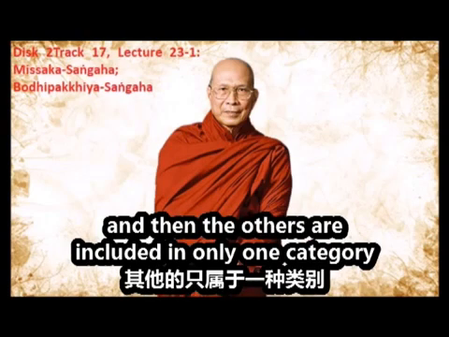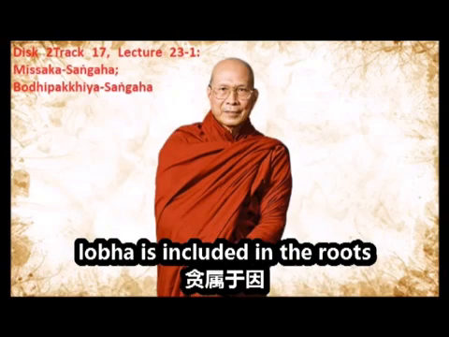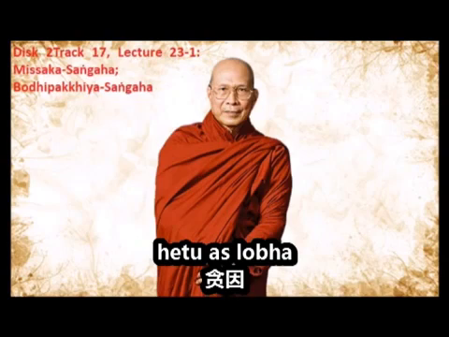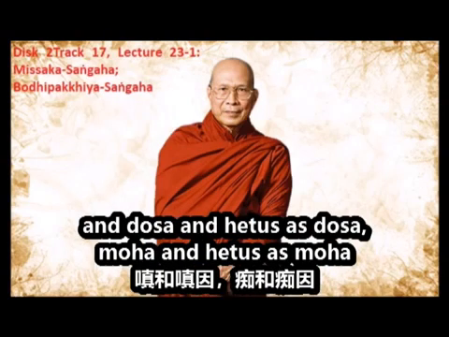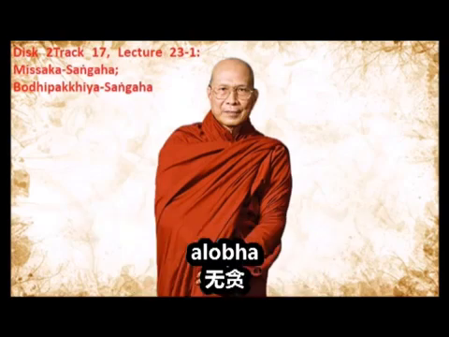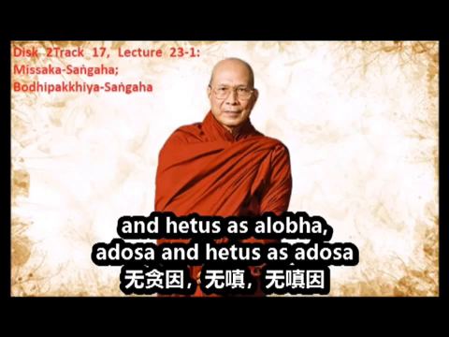And then the others are included in only one category. Lobha is included in the roots, hetu as lobha, and dosa and hetu as dosa, moha and hetu as moha, alobha and hetu as alobha, adosa and hetu as adosa.